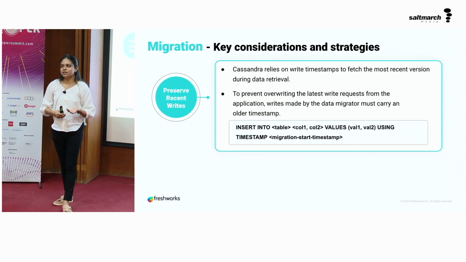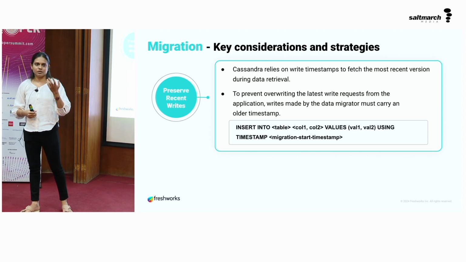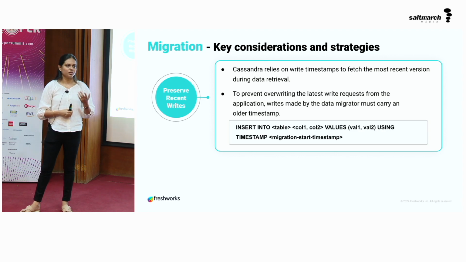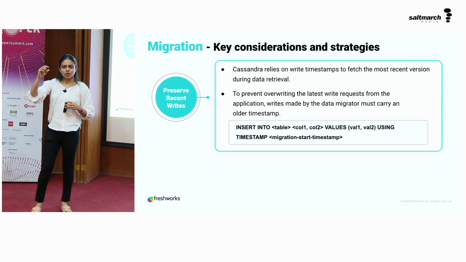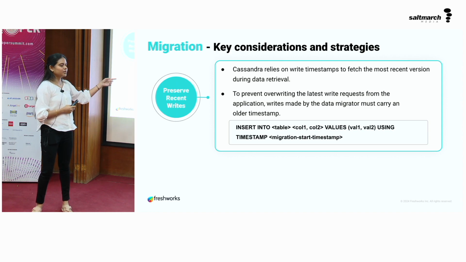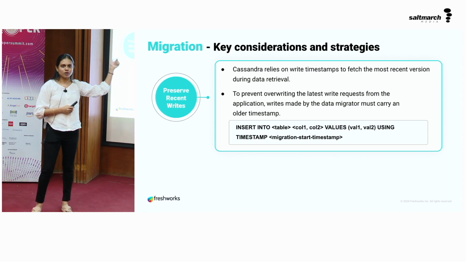In Cassandra, generally, the latest version is fetched based on the write timestamps. So in order for the migration job to not overwrite the one that is done by the live request, we feed an input parameter, which is the migration start timestamp, as the value for the migration job.